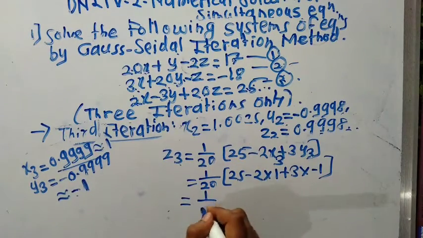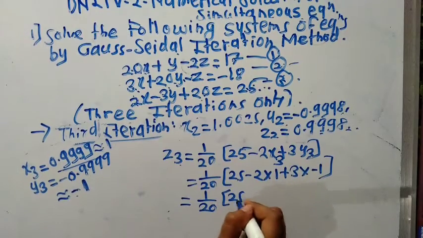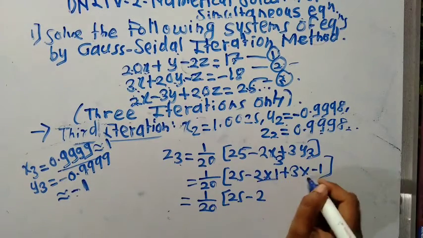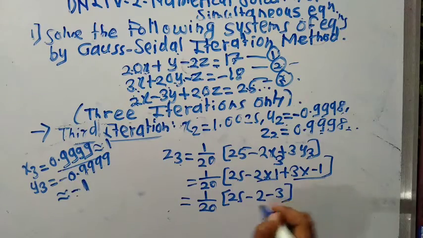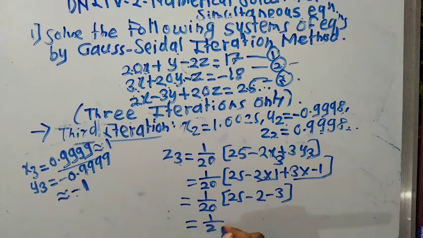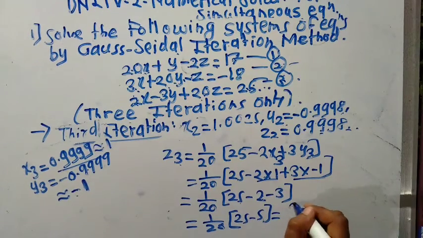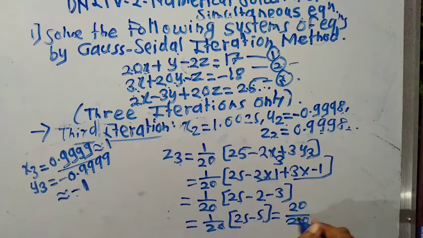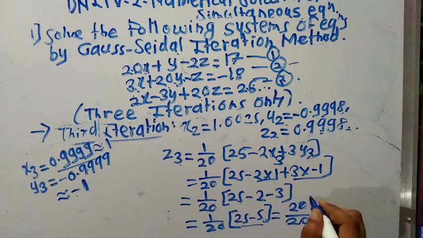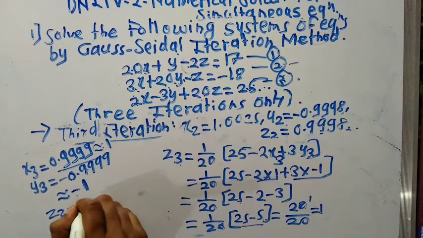So 1 divided by 20, 25 minus 2, minus 3, so 25 minus 5 is 20. So 20 divided by 20, which is equal to 1. So z3 is equal to 1.